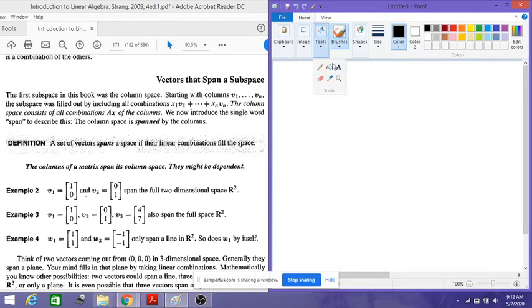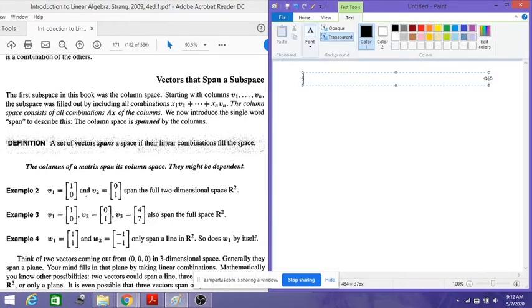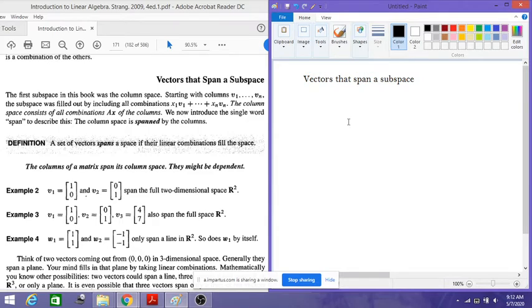So now we will talk about the vectors that span a subspace. Spanning a subspace means the vectors fill the entire subspace. We'll start with the columns, taking an example where we have the vectors v1, v2, up to vn. The subspace is filled out by including all their combinations.